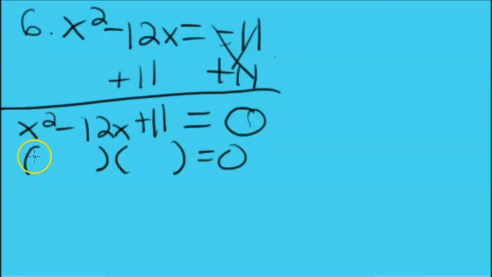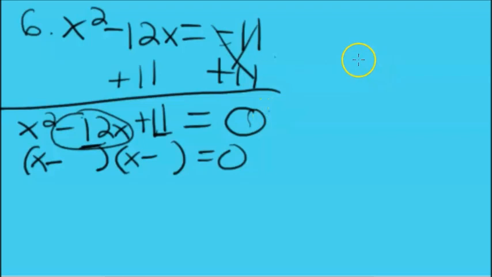So we have x squared, so we'll have x here and x here. Our middle term is negative, so we know that both of these are going to be negative. So all we have to find is the factors. So what is multiplied to 11 and is added to negative 12?